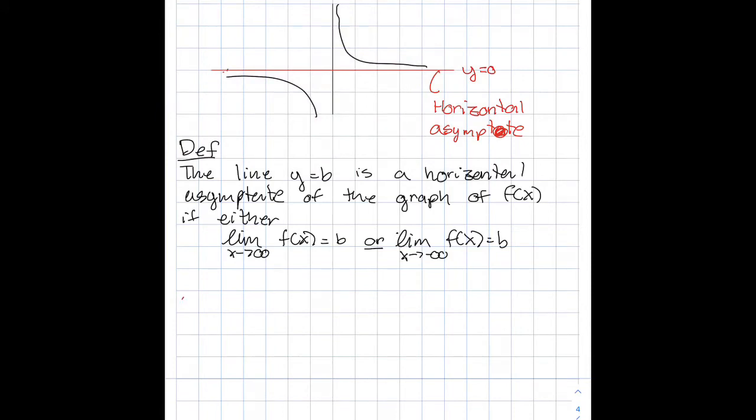Here is a question for you guys. Is there a maximum of horizontal asymptotes a function can have?